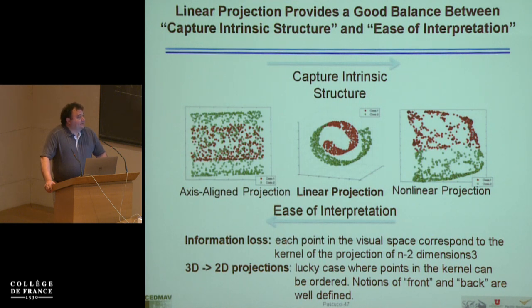The 3D case is a little bit misleading because it's a special, lucky case. Since we go from 3D to 2D, the kernel happens to have one dimension, and in that kernel you can actually define an order on the data that makes sense. In 2D, you can order points, and that's why you can say what's in front and what's behind.